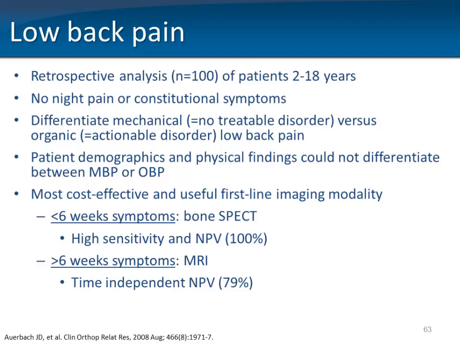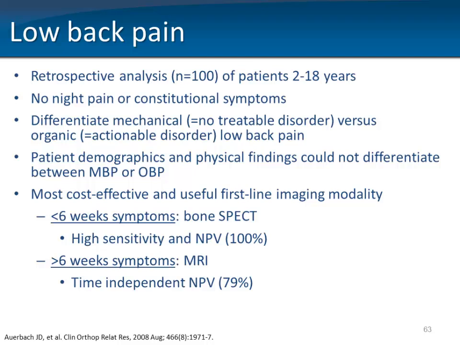What the authors tried to do was differentiate between what was called mechanical pain, so something that we did not find a cause to treat, versus what was termed organic, that is, there was an actionable disorder for the low back pain. And neither demographics nor physical findings could differentiate between mechanical or organic back pain.